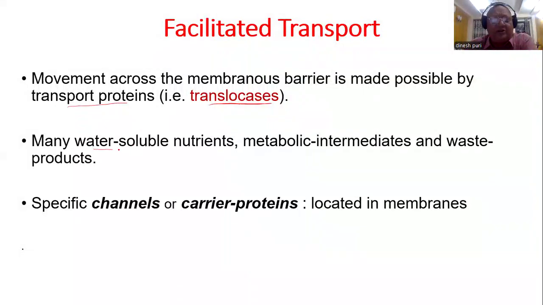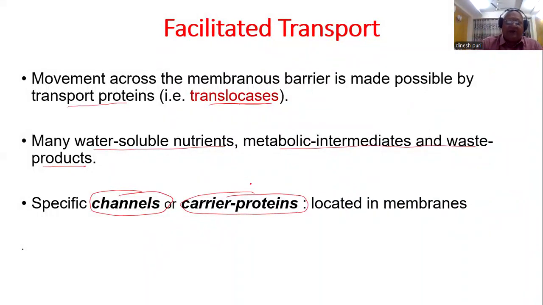Many water-soluble nutrients which we saw cannot pass spontaneously through the membrane. With the help of translocases, they can pass through the membrane. The translocases are either channels or carrier proteins. We are going to see them one by one.